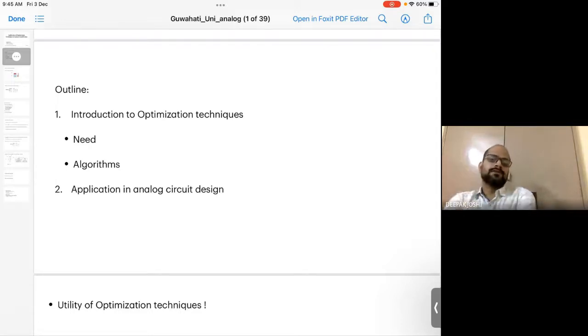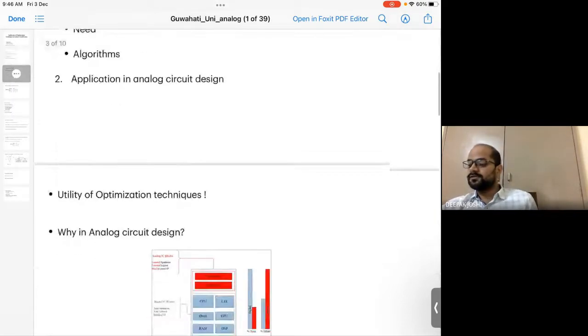There are different algorithms, and you might all be familiar with the nature inspired, evolutionary or swarm based optimization algorithms. Most engineering and real life problems apply them to find solutions. Then we'll go for the application in analog circuit design.